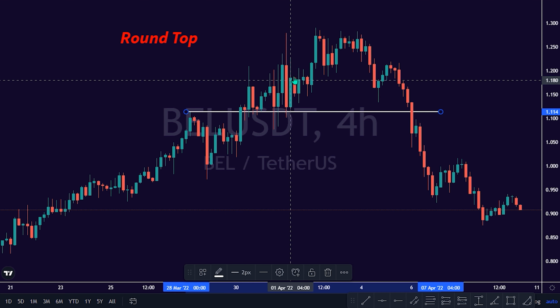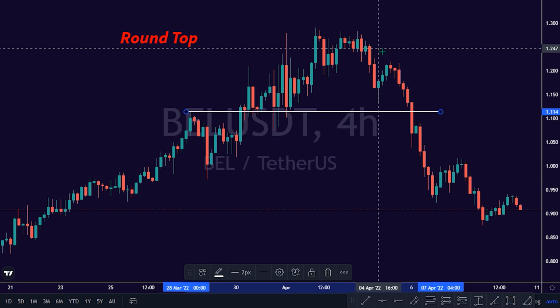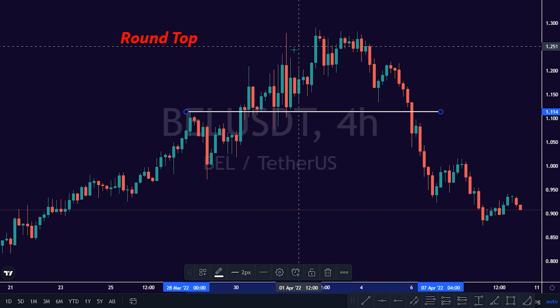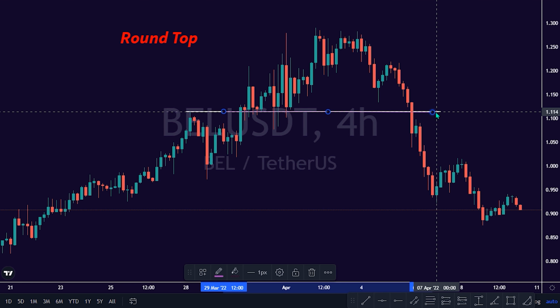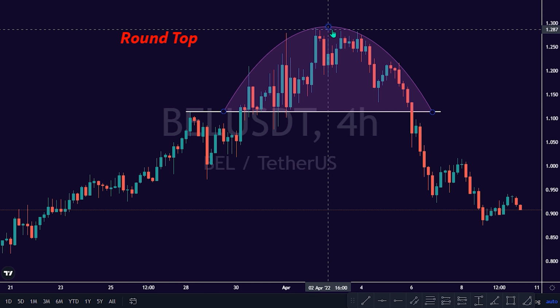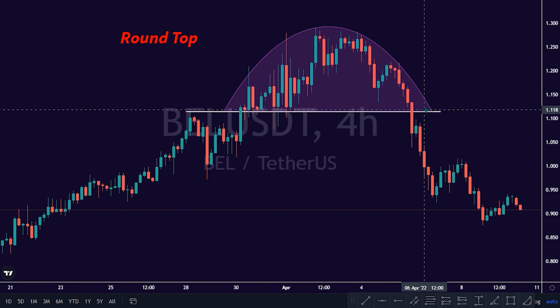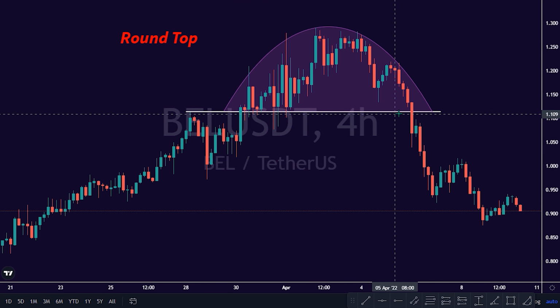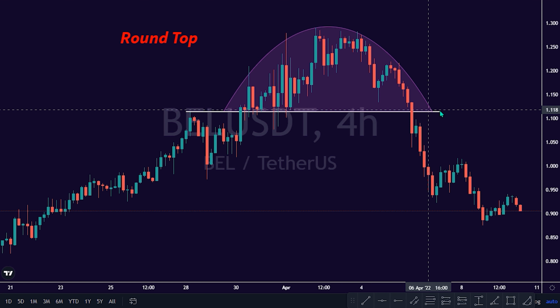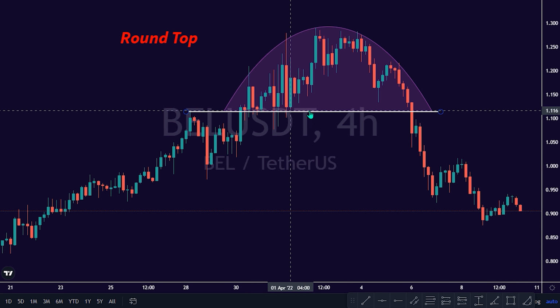The price movement proceeded upward and later transformed into a potential rounded top. Let's apply a technical charting tool called the arc. As we can see, price retested the key level of the consolidation zone at $1.1, which we can tag as the neckline of this potential rounded top chart pattern.